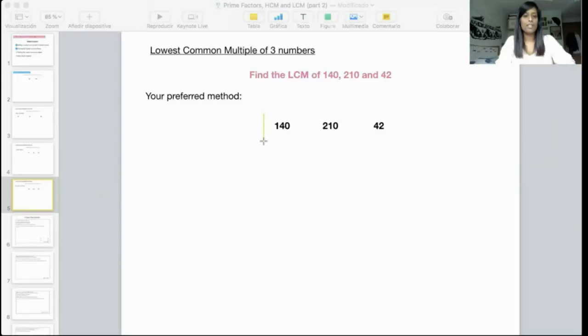So remember, if you're doing the division method, you've got to think of a number that divides into all three first of all.